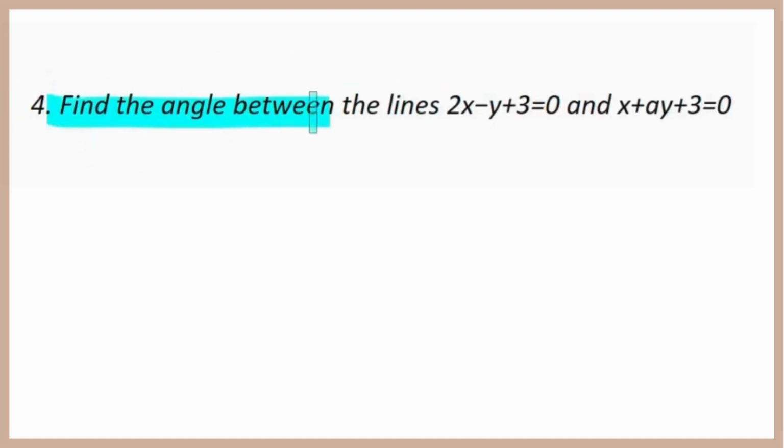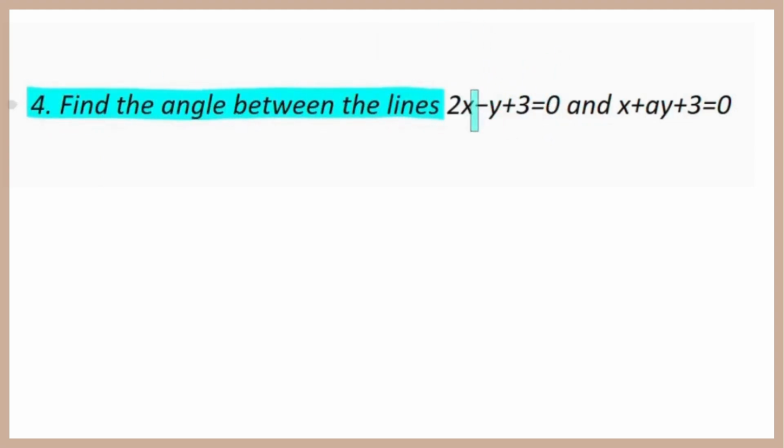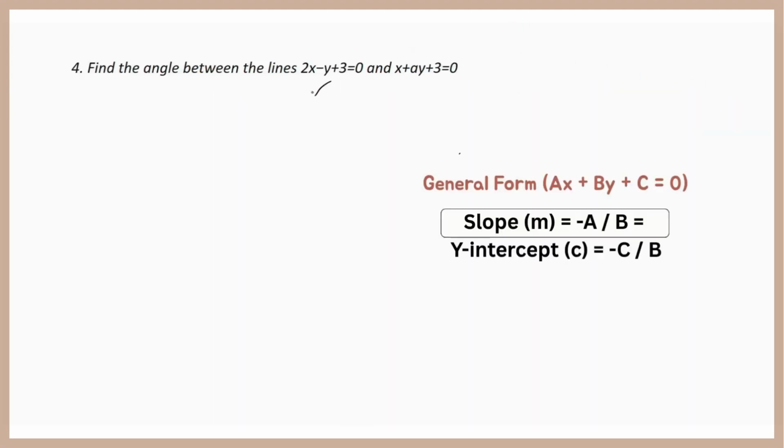Now in the fourth question, we have to find the angle between this line and this line. So we can obtain the slope of this line using, say this is m1, minus a by b. So this is minus a, and b is what here? Minus 1.